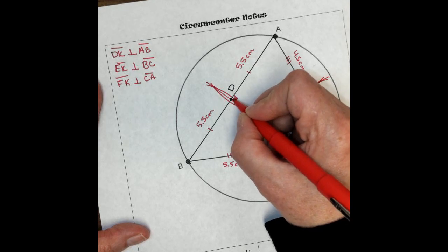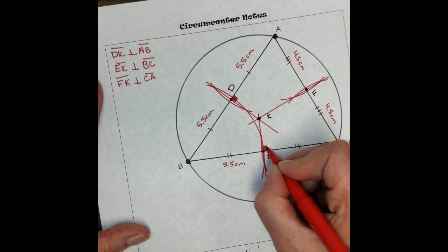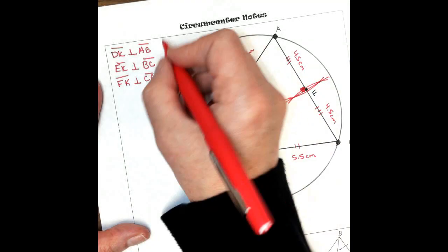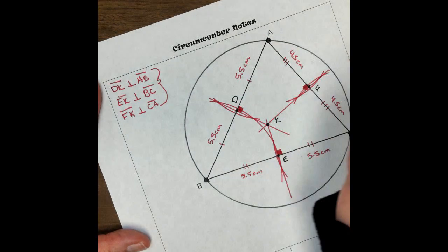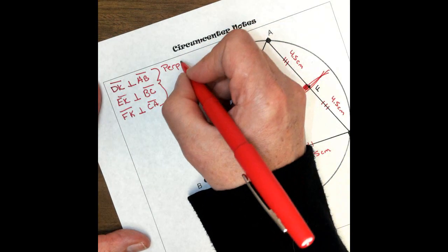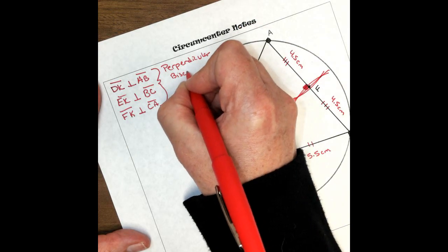I'm going to go ahead and color in this right angle here, so that I know that these are right angles, because they are perpendicular bisectors. So the thing you have to remember about a circumcenter is it is created through perpendicular bisectors.